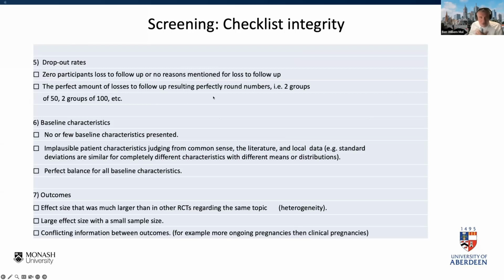Rounded numbers, such as a study with only even numbers. You can look at baseline characteristics. Randomized clinical trials should have a particular distribution of baseline characteristics. If they're too close together or too far apart, it doesn't work. And you can look at outcomes and compare the effect to other studies.